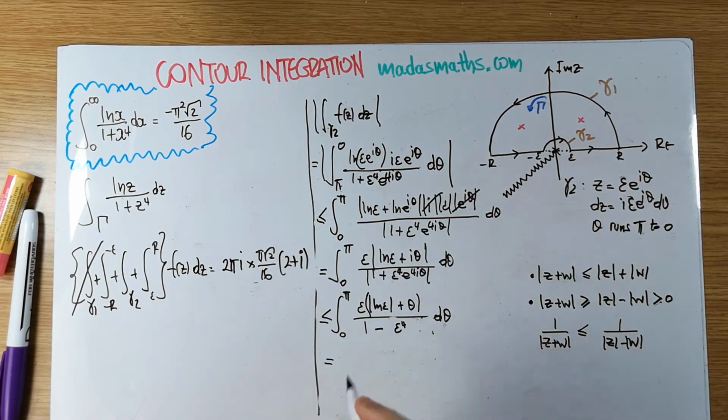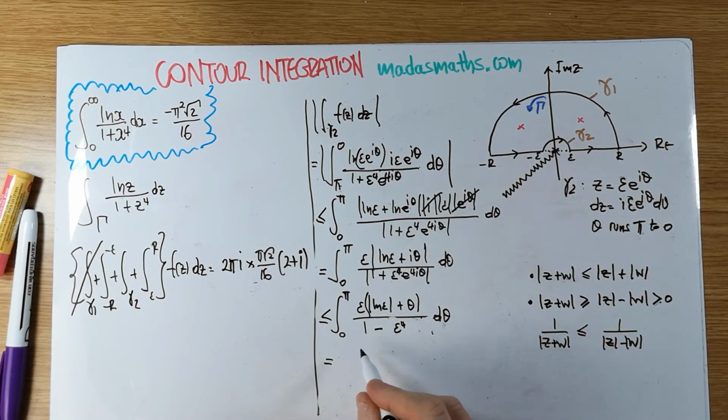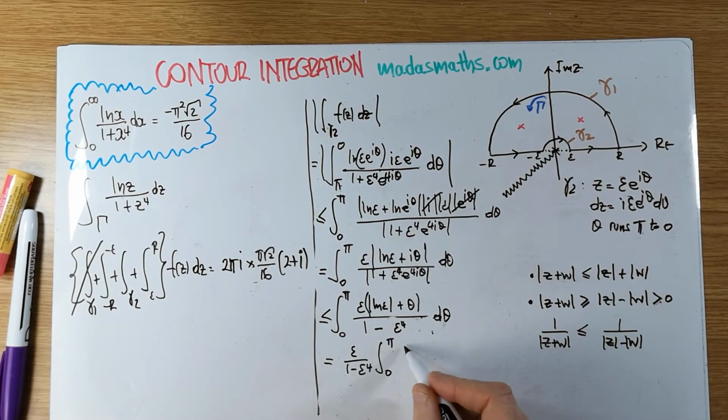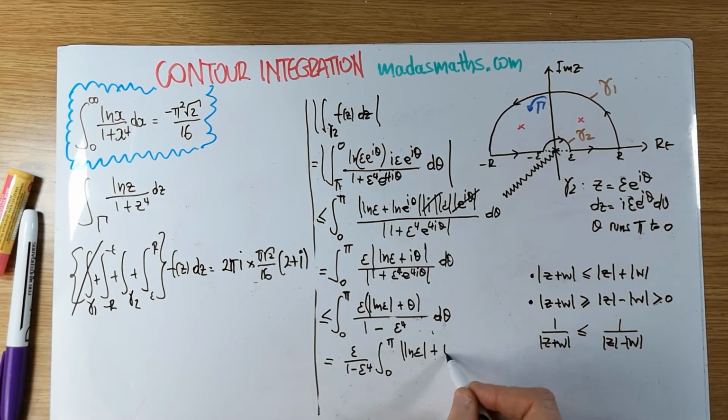So that is equal to, let's factorize out of this like we did in the previous example. Epsilon 1 minus epsilon to the 4, integral 0 to pi, log epsilon plus theta, d theta.